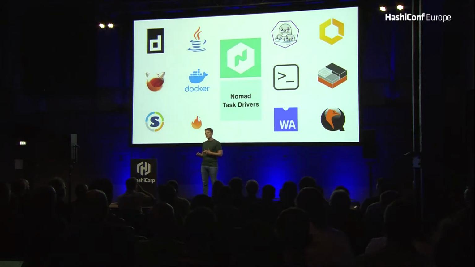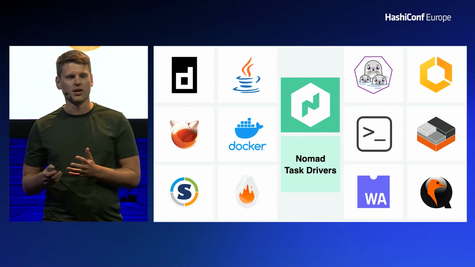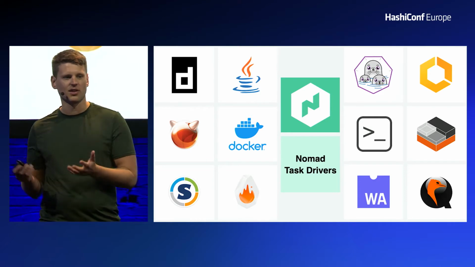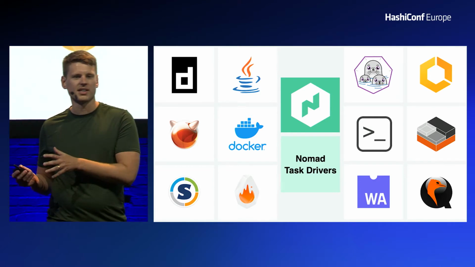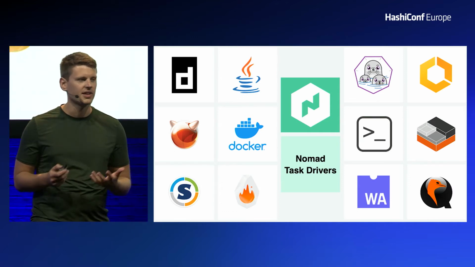You could give it a virtual machine using the QEMU driver, and it knows how to run that. And my favorite is that Nomad knows how to run raw binaries and executables. Say you compile a Go binary and hand it off to Nomad. Nomad's able to run it in isolation in its own network namespace, its own cgroup, acting somewhat like a container, but all you've done is hand it a raw binary. So there's a ton of flexibility there.